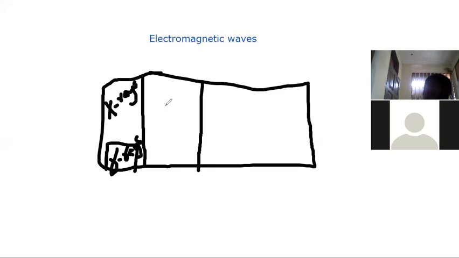And from there we have the ultraviolet rays. Then after the ultraviolet, we have the visible.